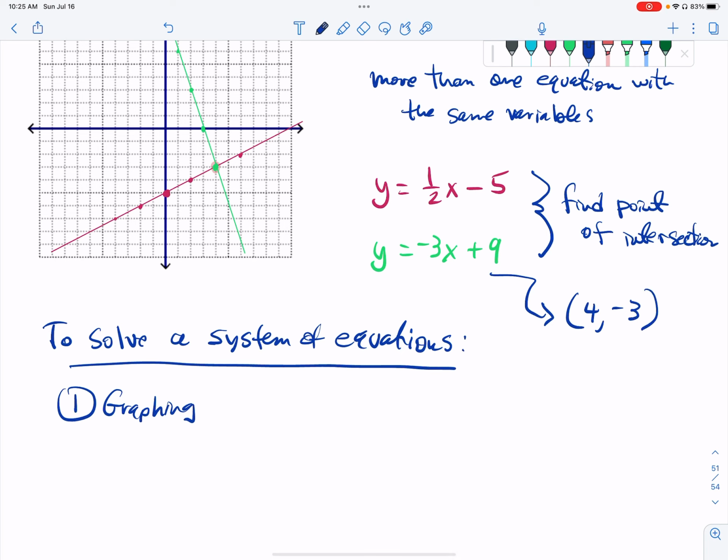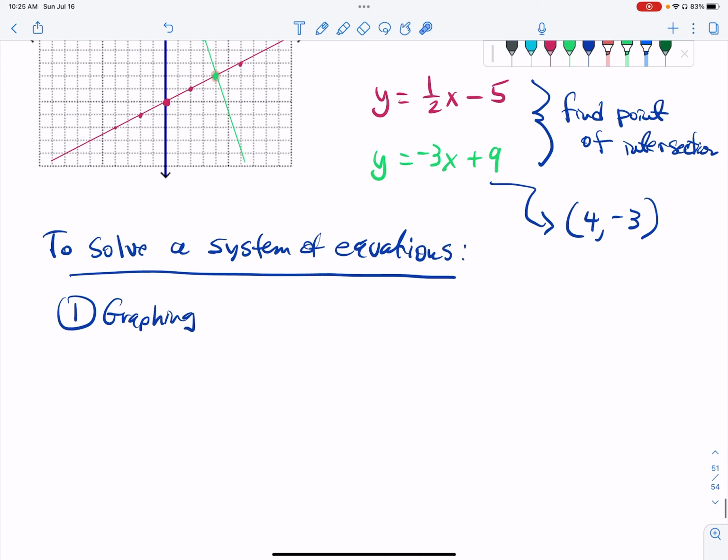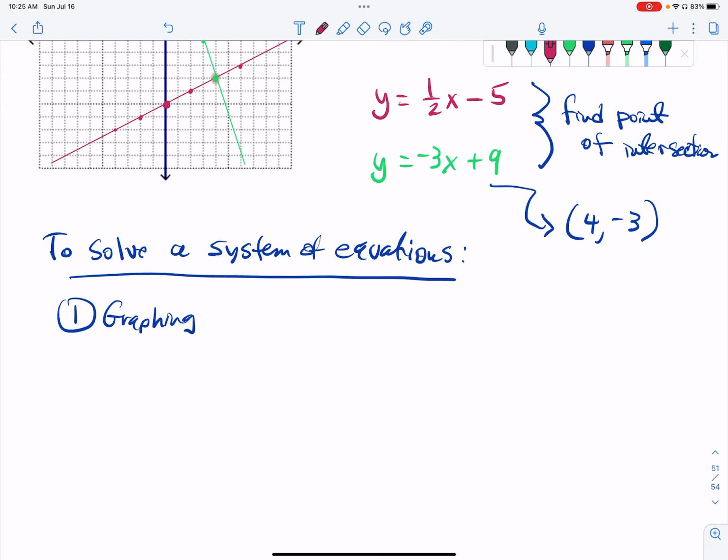Of course, what that means is that this ordered pair satisfies the first equation and it satisfies the second equation. We can see that on the graph, but I'm going to plug it in and verify that that happens. Let's start with the red one. My y, negative 3, is equal to 1/2 times 4, and then minus 5. The 1/2 times 4 is 2. Bring down this negative 3. So 2 minus 5 is equal to negative 3, and you can see it checks out.